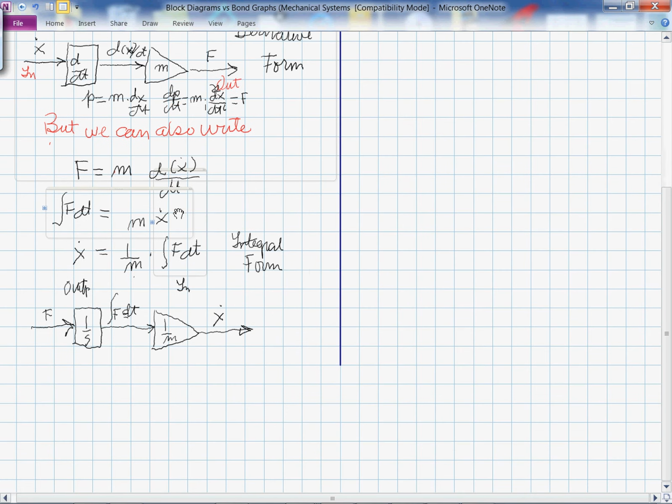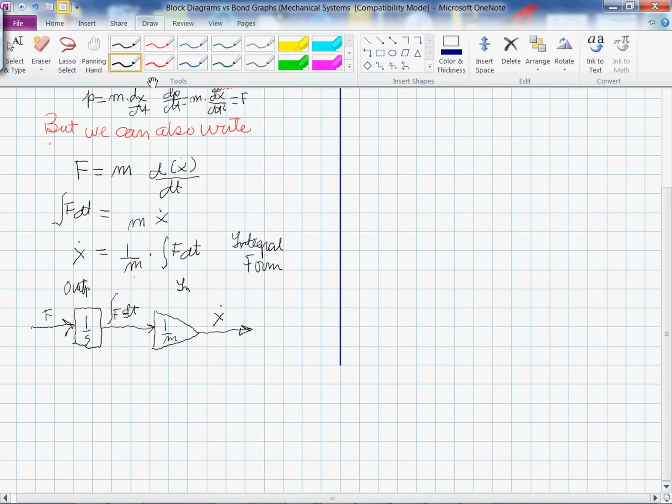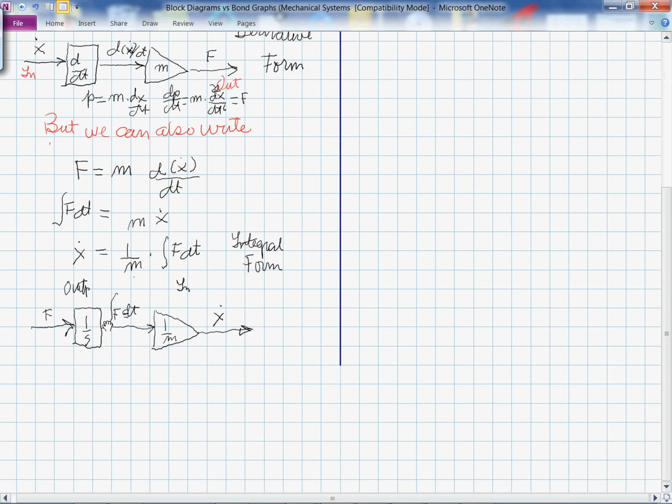And we can write also down here, maybe we'll switch colors now, and we say okay, in here we put that p again. The concept of p is m times dx dt, right?